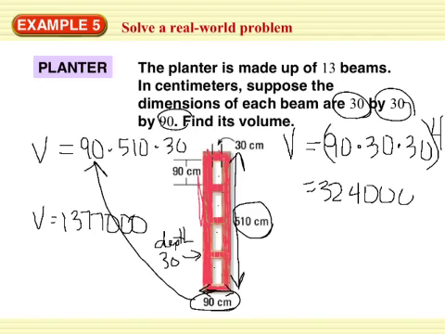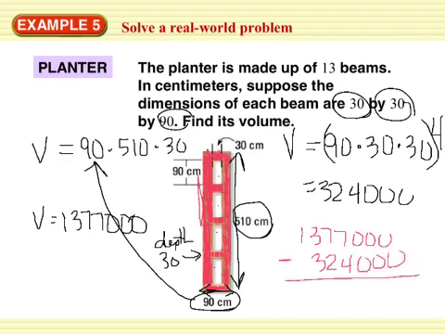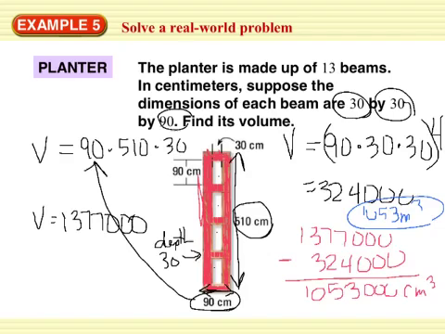Okay, if I take the volume of the entire thing and subtract the volume of the openings, 324,000, I get 1,053,000 centimeters cubed. It doesn't tell you to change that, but if we divide by 1,000, that would give us 1,053 meters cubed, which is a much more reasonable answer. But they didn't tell us what units, so this answer is just fine.